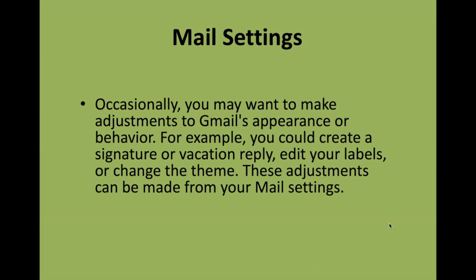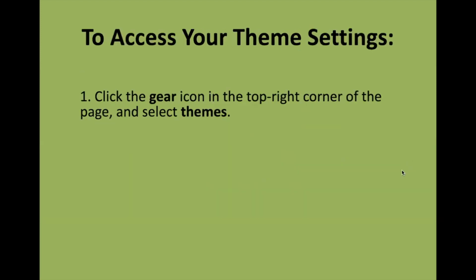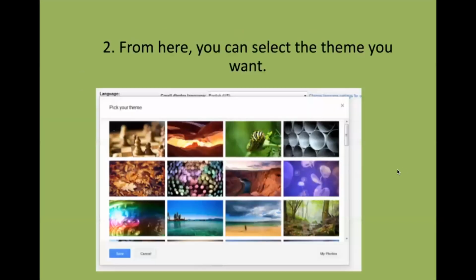You can also change the theme of your background when you're on a desktop or laptop computer. It looks very generic when you're on a tablet or a phone, but you can adjust the backgrounds. So something like your theme, you do have a gear icon in the top right corner when we log in.